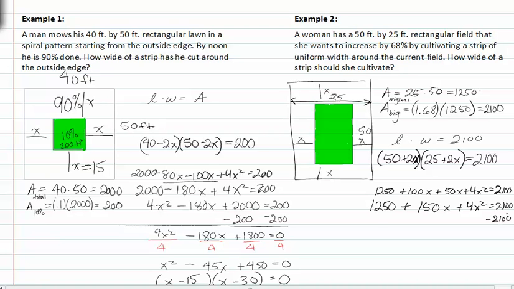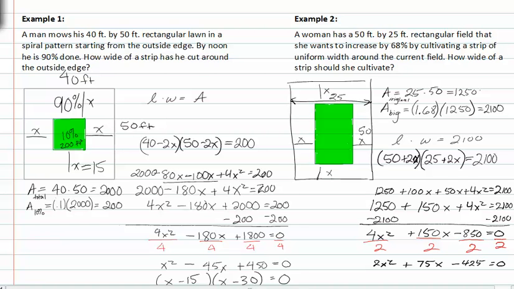Subtracting 2,100 from both sides, we get, in order of descending exponents, 4x squared plus 150x minus 850 equals 0. Dividing by a common factor of 2 on each side of my equation, I get 2x squared plus 75x minus 425 is equal to 0.